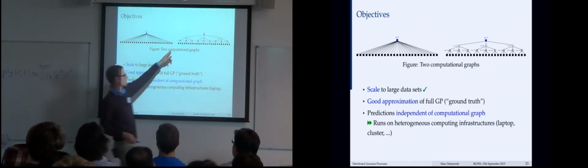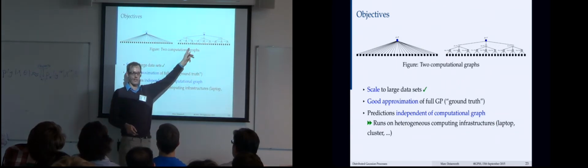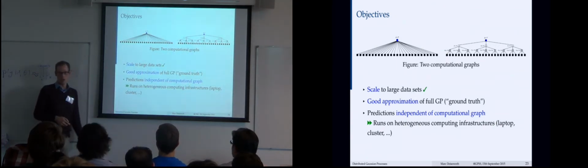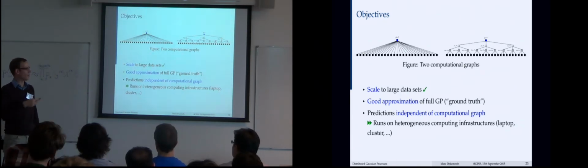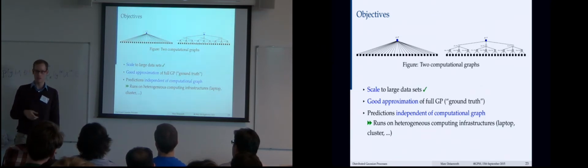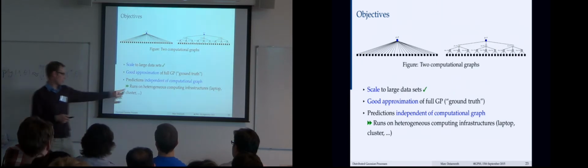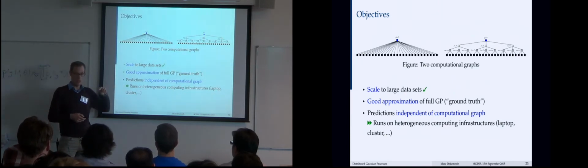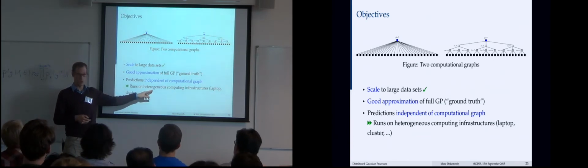You would like to have relatively short communication distances here. So if network traffic is a problem for you, then this property of being independent of the computational graph is quite appealing. That also means you can run the same kind of model on different computing infrastructures.